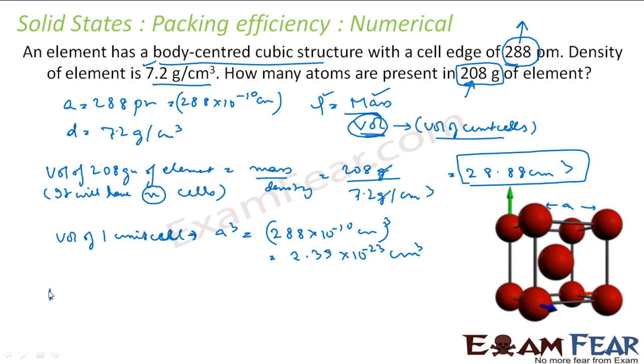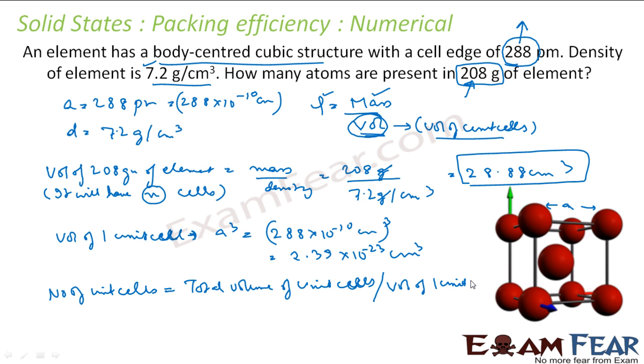So if I have to find the number of unit cells, that is nothing but total volume of unit cells by volume of one unit cell. The total volume is given here, 28.88 centimeter cube, divided by the volume of one unit cell, that is 2.39 into 10 to the power minus 23 centimeter cube.